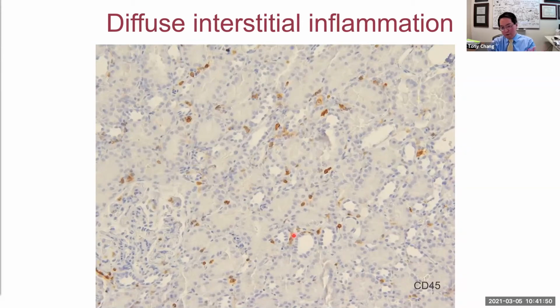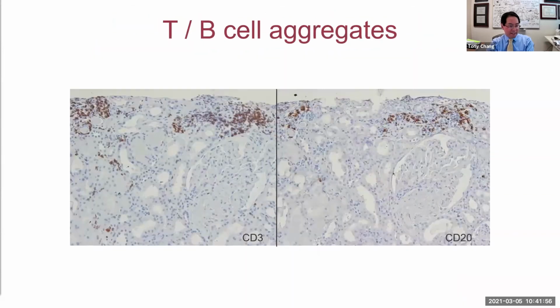Here's just an example of the diffuse interstitial inflammation with CD45, the pan lymphocyte marker. Here you can see with the pan T cell marker and pan B cell marker, CD3 and CD20, how these T and B cell aggregates coexist with one another, and presumably they must be communicating with one another.